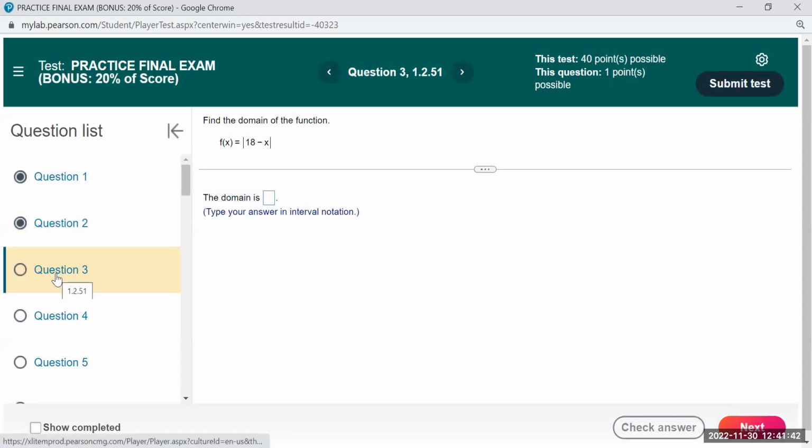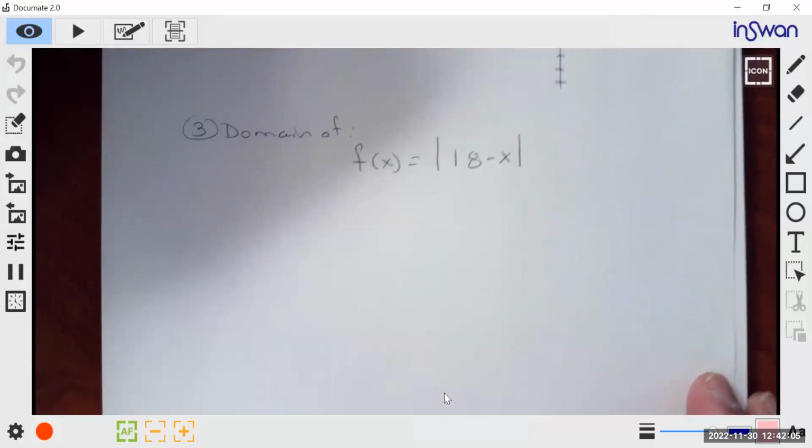Find the domain of the function. So when we say we're looking for the domain, what does that mean?